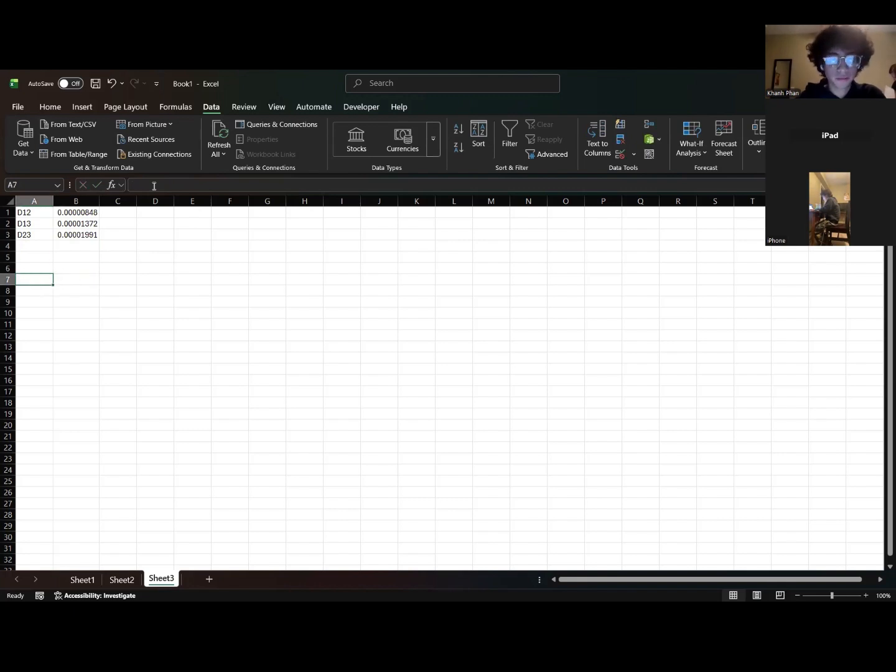Now we're going to move on to our other values. Let's say pressure. The given pressure is 99.4 kPa. We're going to convert it to Pa, so 99.4 times 10 to the third is 99,400.